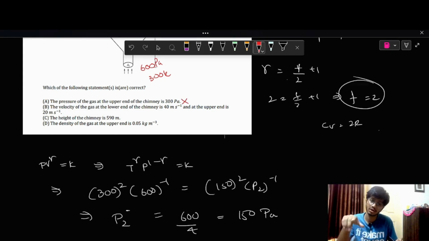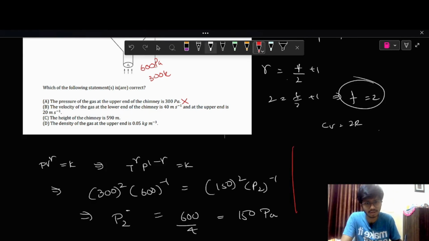Now the second option asks for the velocity. So the velocity at the lower end we can calculate from alpha. Density is mass by volume, and alpha is kg per second, so alpha is dm by dt.